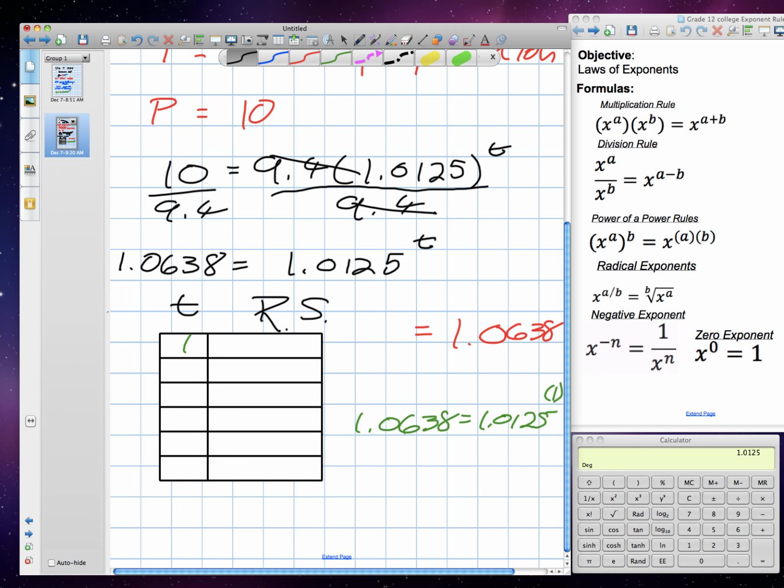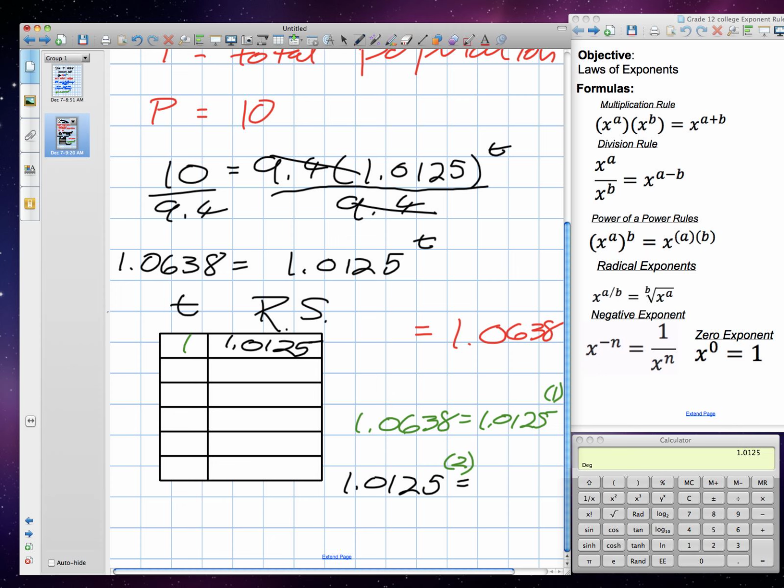We're going to do the same equation now. 1.0125, this time to the power of 2. Okay? Plug in our value. 1.0125 to the power of 2 equals 1.025. So we're not quite there.